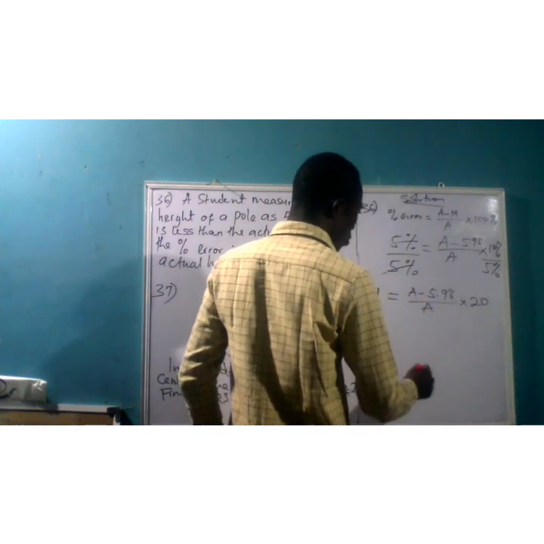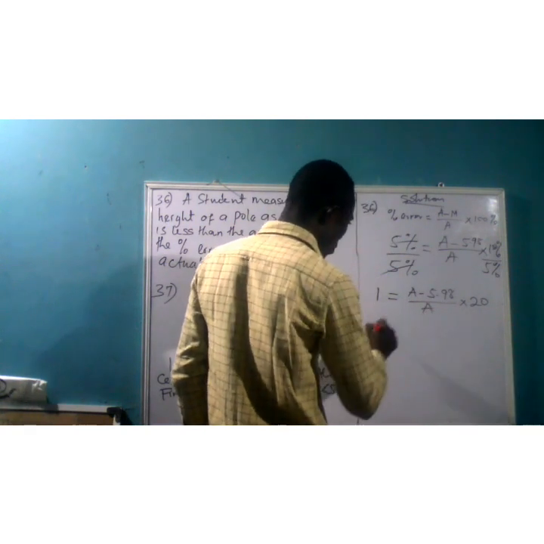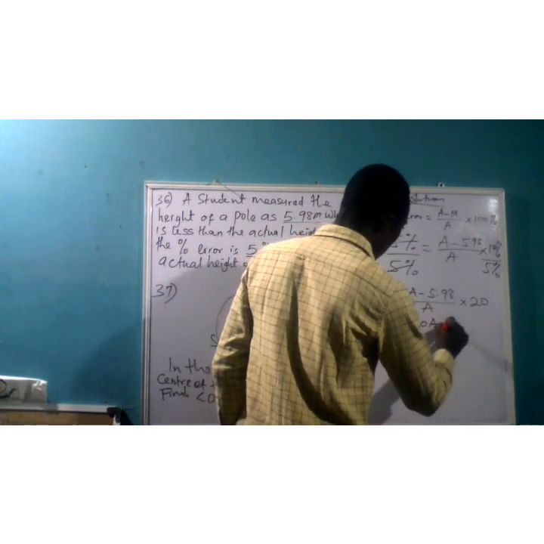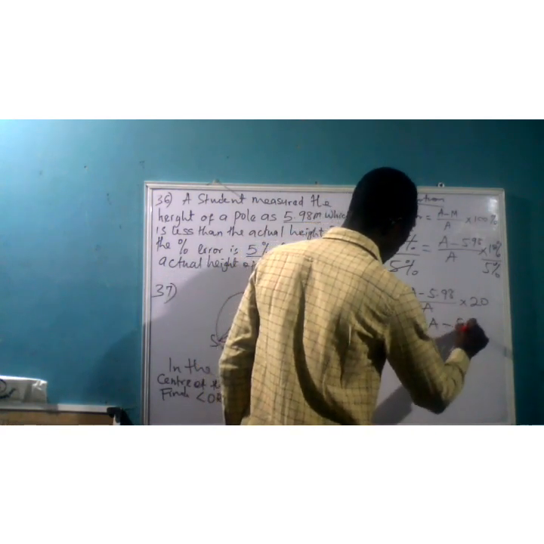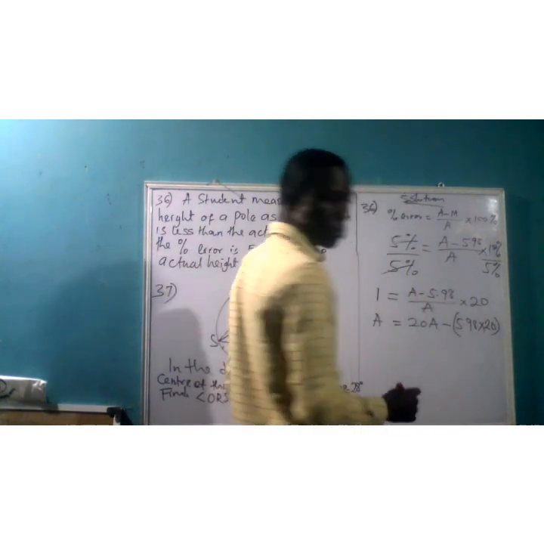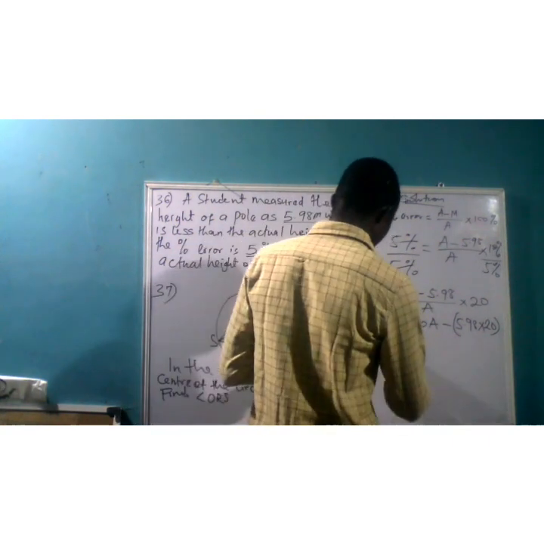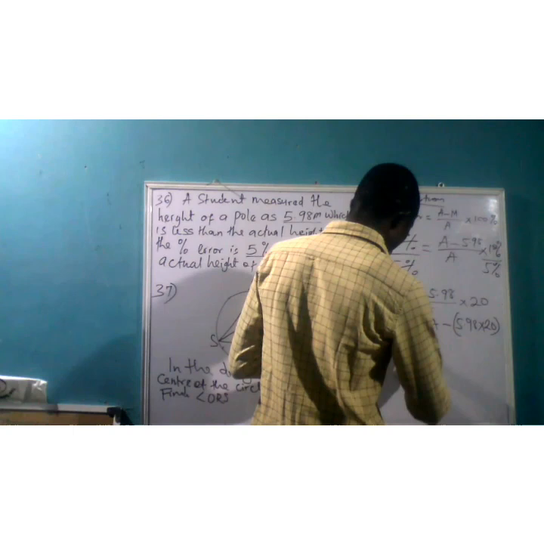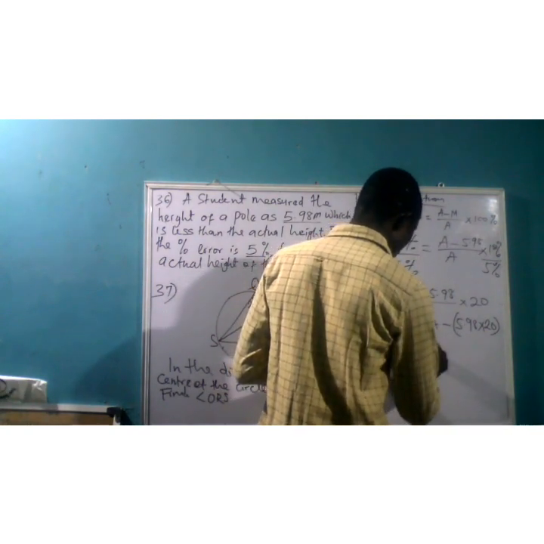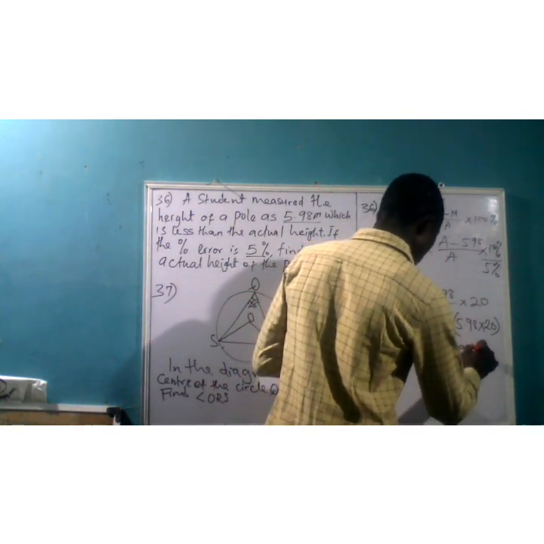Then 100% divided by 5% will give you 20. If you do cross multiplication, that will give you A equals 20 times (A minus 5.98). If you clear the brackets, you have A equal to 20A minus 119.6.